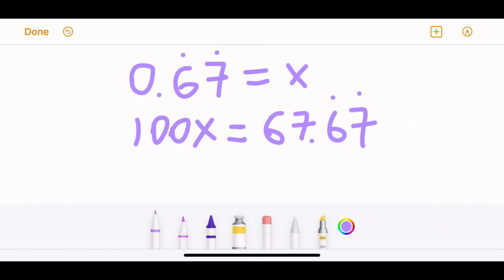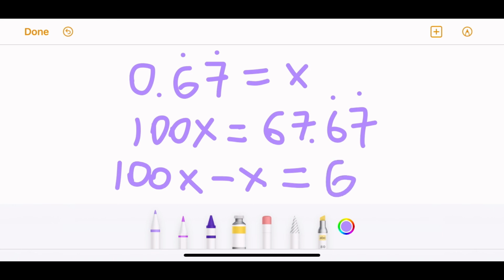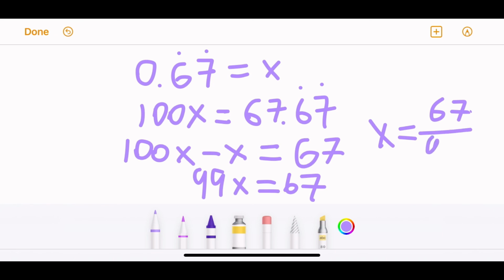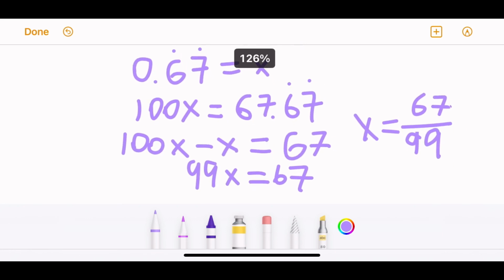Then we subtract: 100x minus x, that means 67.67 repeating minus 0.67. I end up with 67. The recurring decimals got removed. Then we have 99x equals 67, so x equals 67 over 99. And 67 over 99 is the fraction form of the 0.67 recurring decimal. This number again can be put as a fraction, therefore it is a rational number.